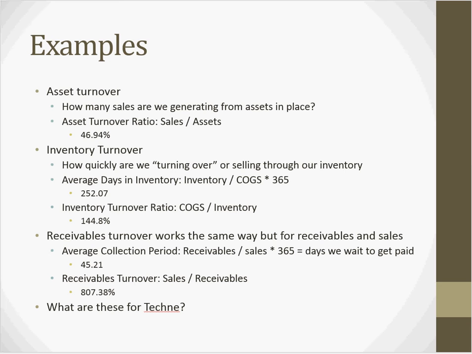So for Techne, these are some areas of concern, you would think, but with profits being so high, it's probably okay. What you worry about with a long inventory turnover cycle is that the products are becoming obsolete or not being used, so that we have wastage. But what's probably happening for Techne is that the profits are so high on each sale, it doesn't make sense to worry about.